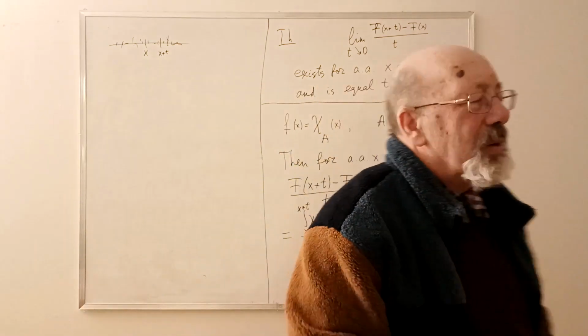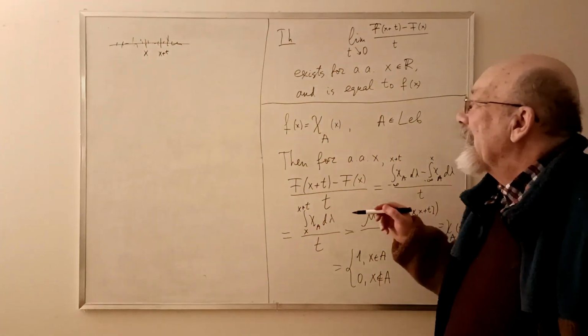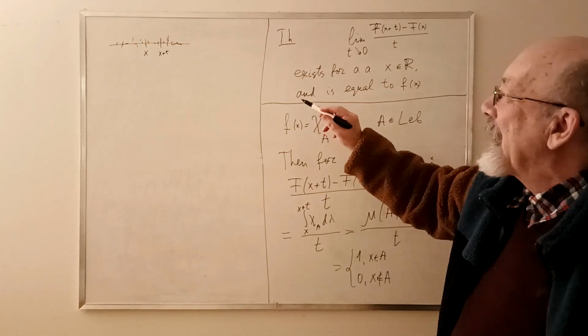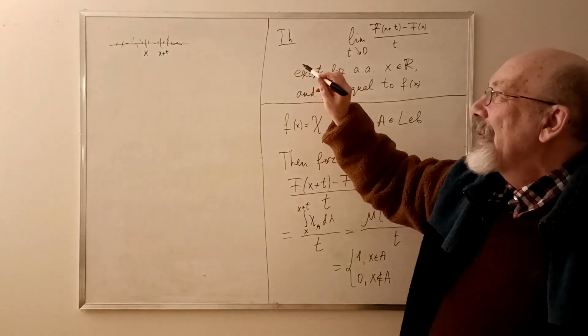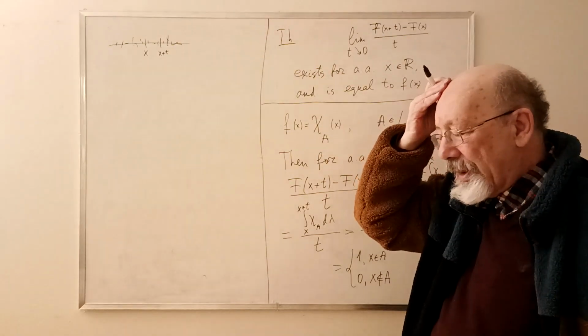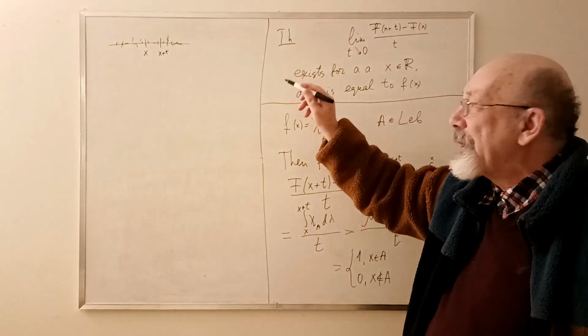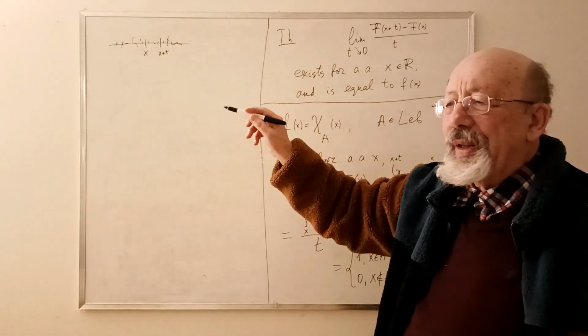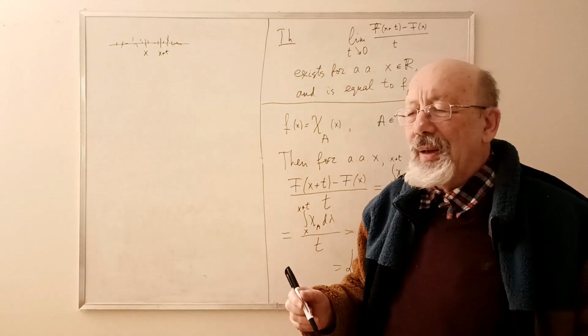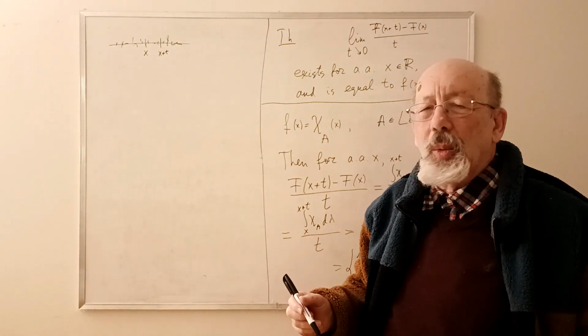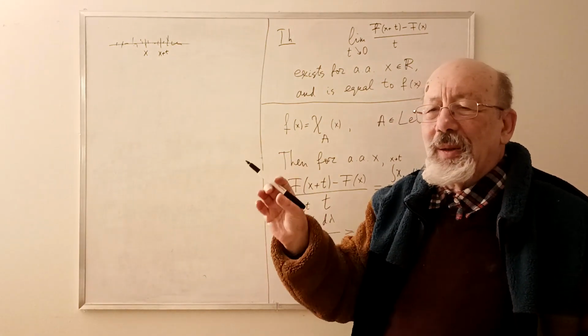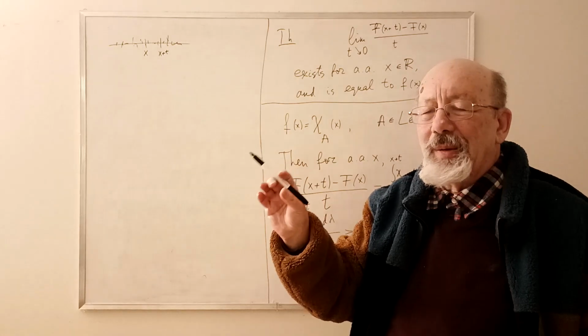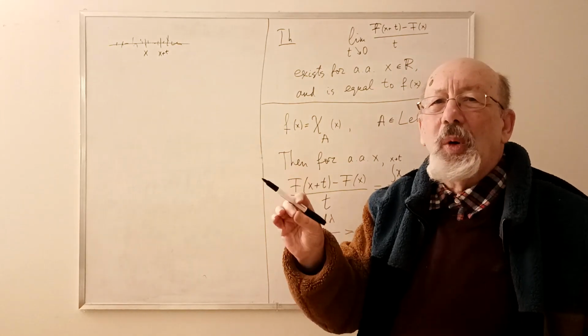This means, let me say, we can find maybe for some sets some points where really this limit is equal to 1/2. So the set has density 1/2 at this point.